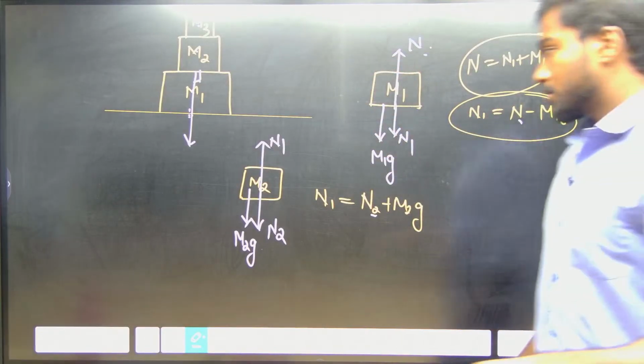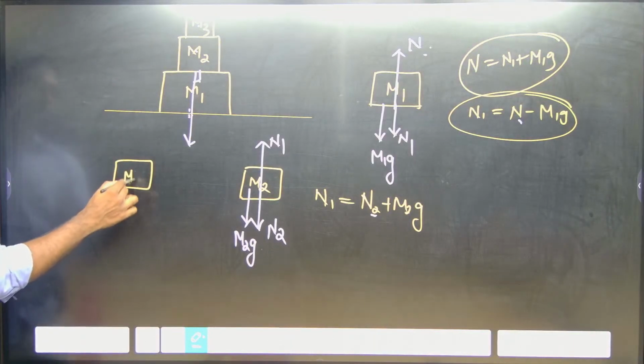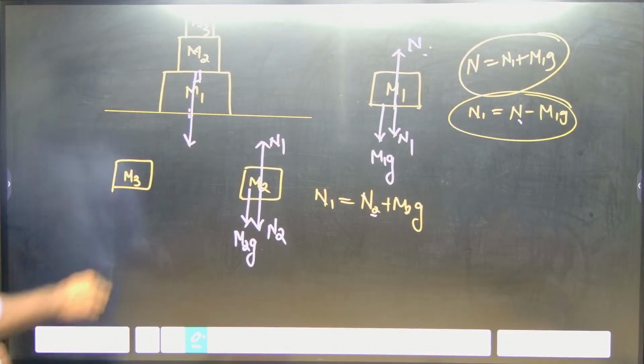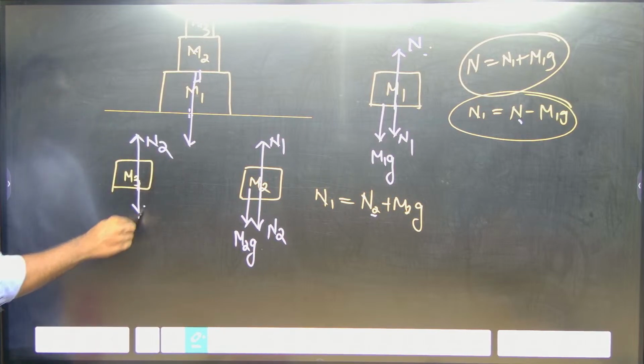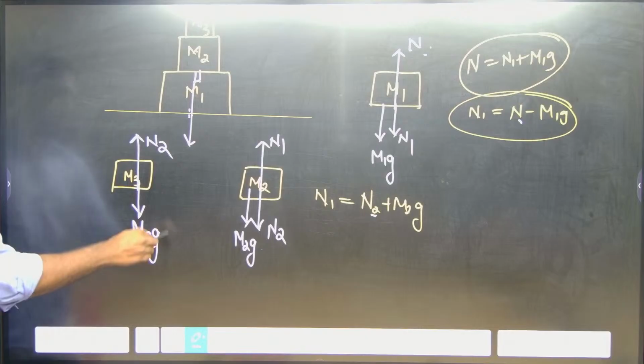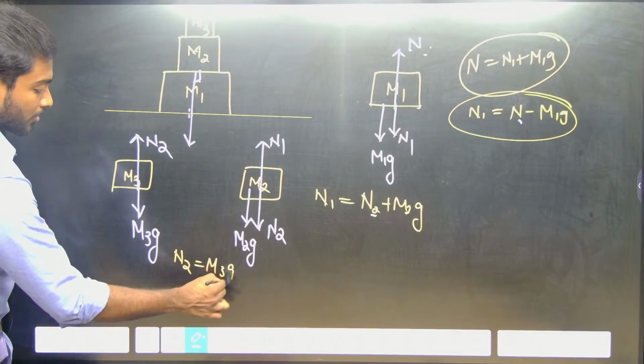Got it? So the final thing is M3. For M3 there is only one normal force, that is due to M2, that is N2, and one weight, M3g. So the normal force N2 will be equal to M3g.